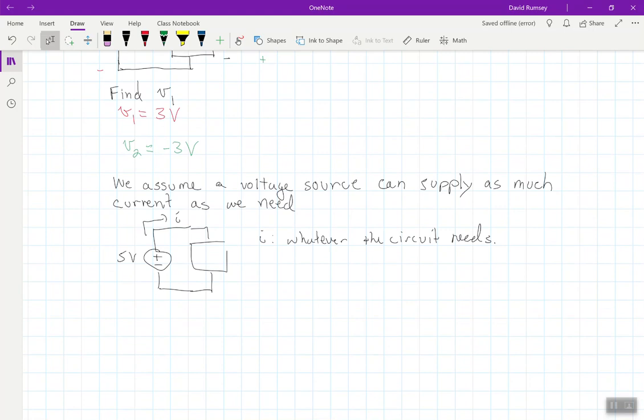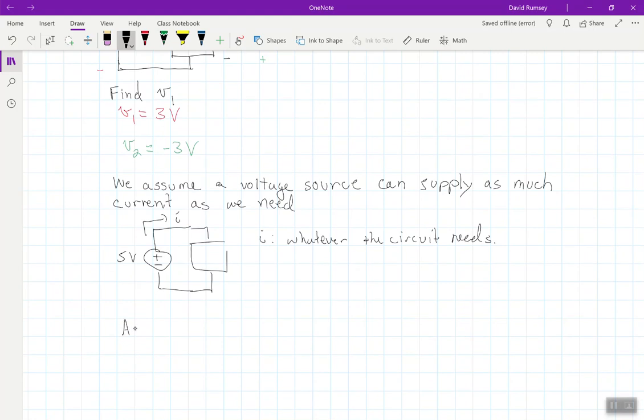So even though on pen and paper a power supply can supply as much current as needed, in practice that is not the case. But it makes computations easier. And the other thing is we're going to do the same thing for a current source.